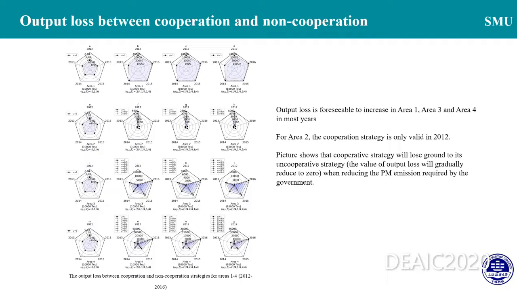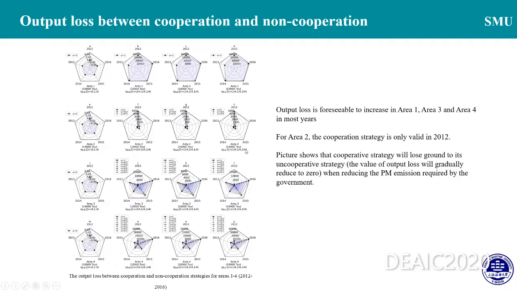Then this picture shows the output loss between the cooperation and non-cooperation strategies for the 4 areas. In the vertical direction, again, vertical direction means pictures A, E, I, M, all areas have 0 output loss because the value is the same between the cooperation strategy and non-cooperation strategy.